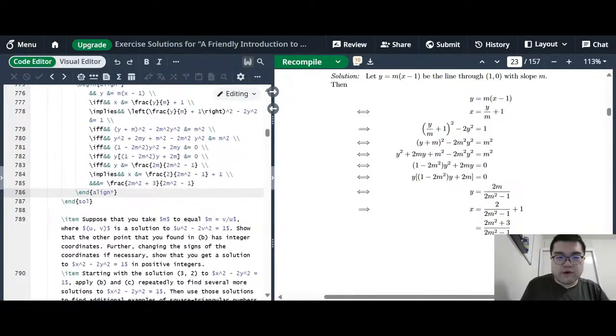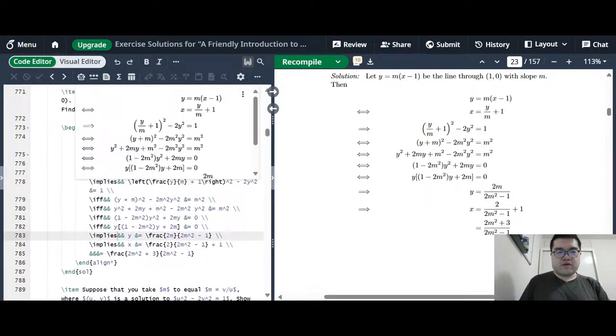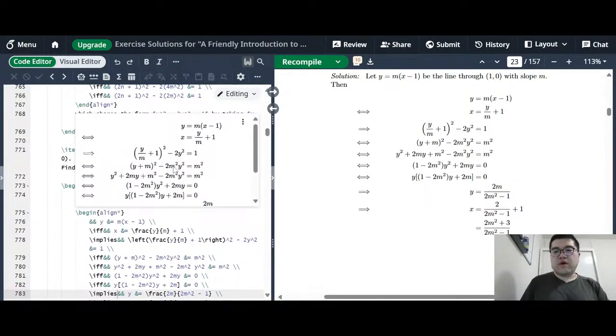For the y part, I'll change the symbol to implies. And again, why do we not take y equals 0 as our option? That's because in our setup we don't want y equals 0 as the only solution.